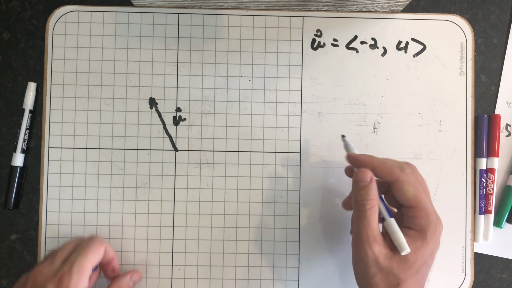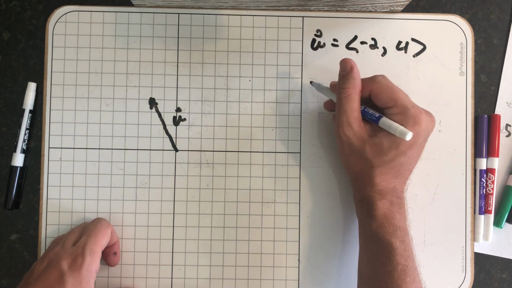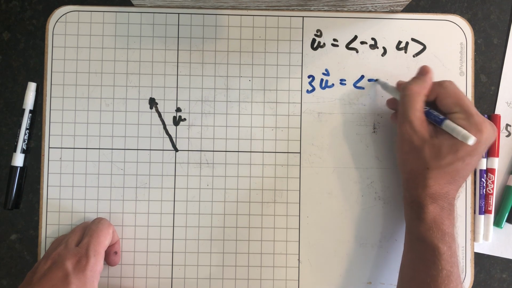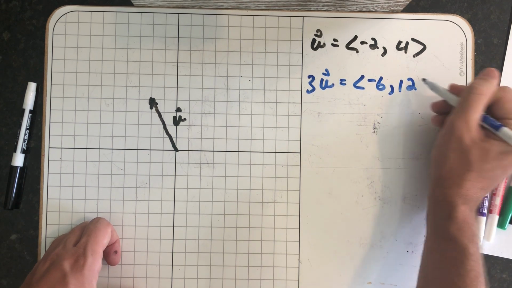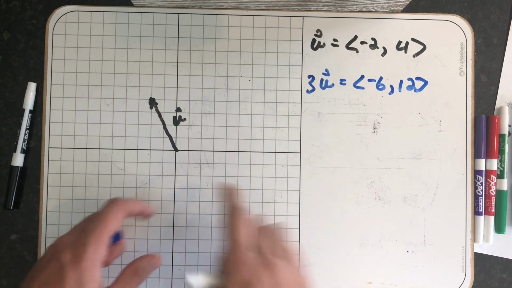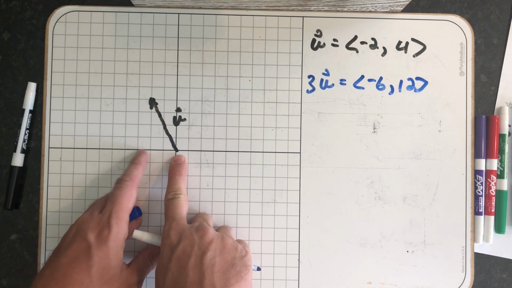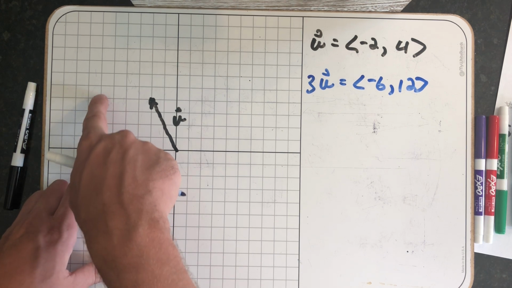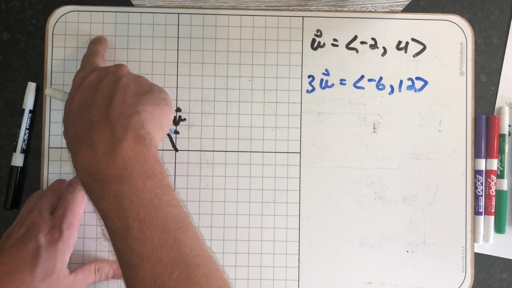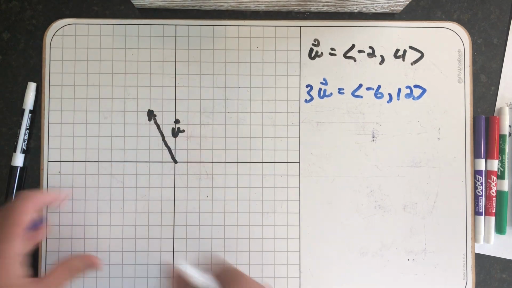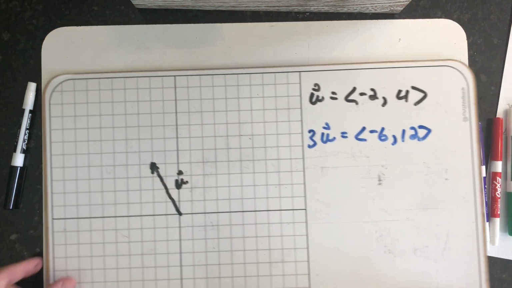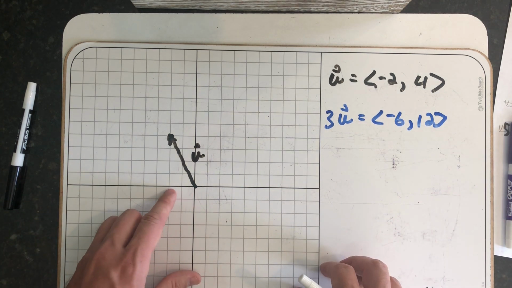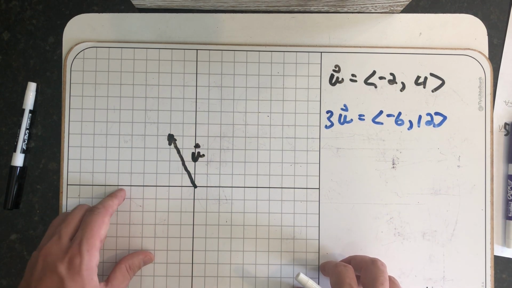So let's imagine multiplying u by 3. Well, that would be the vector minus 6 comma 12. So I need to go over to minus 6, 1, 2, 3, 4, 5, 6, and then up to 12. Oops, I run out of room here on the board, so we'll just do the best we can. Over 6, and up.